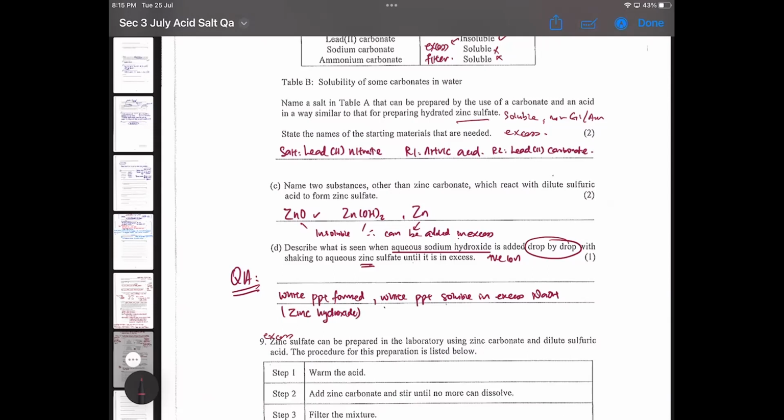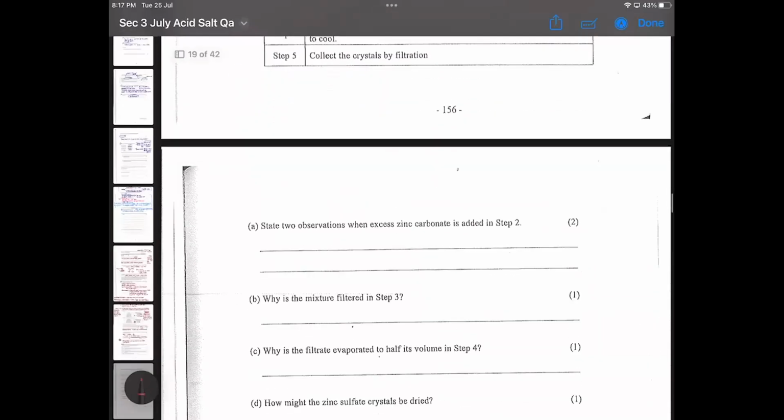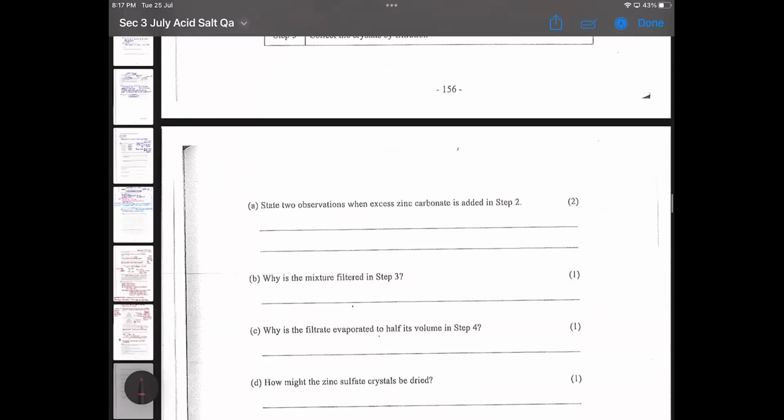Yeah, jot this down. Take a look at question 9, then we go through together. Okay. Two observations when zinc carbonate was added, because this is a carbonate in the presence of acid. When there is excess added in step 2, because when acid was first added to the carbonate, you should see effervescence.